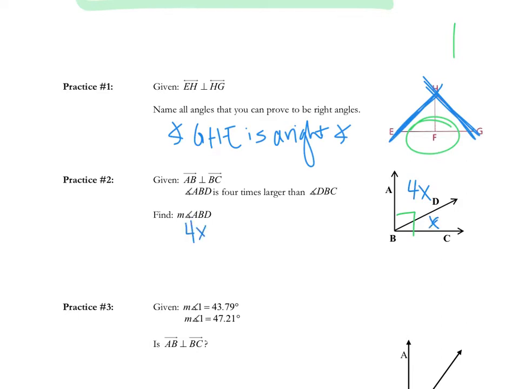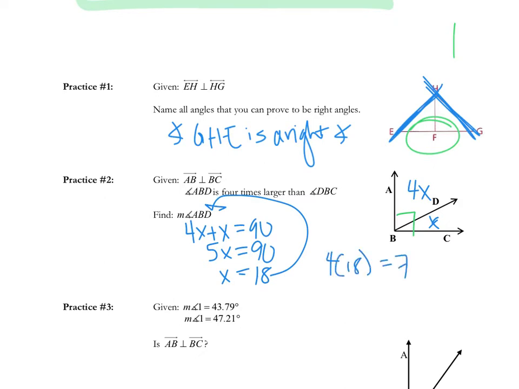So 4x plus x equals 90. 5x equals 90. So x equals 18. Remember that this is not my final answer. I still need to plug it back in and find the measure of angle ABD. So 4 times 18 equals 72 degrees. Okay, remember quite a few of us did this on Class Kick, so make sure that we are answering the final question.